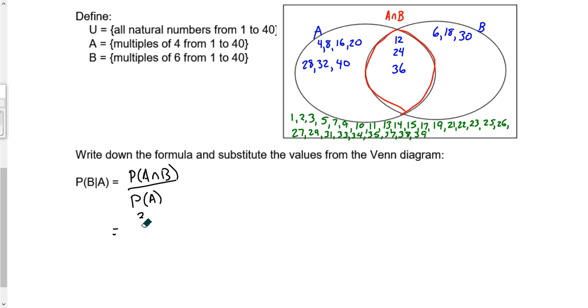How many total numbers are there? 40. Now we're going to be dividing that by the probability of A. Well, that's the probability of something being a multiple of 4. So there's a total of 10 numbers there.